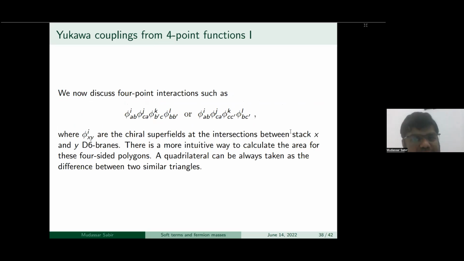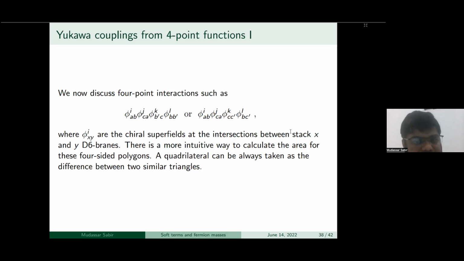For example, we can take 4-point interactions of the following form with phi AB, phi CA, phi CC prime, phi BC prime. So in the paper, we have discussed both types of interactions, but here I will just discuss the results.